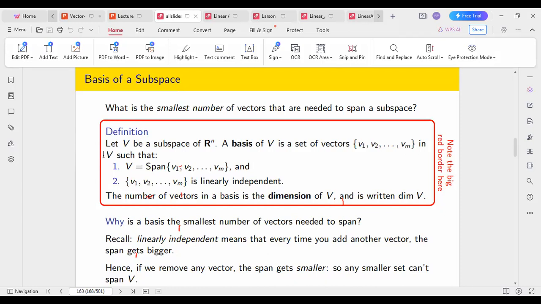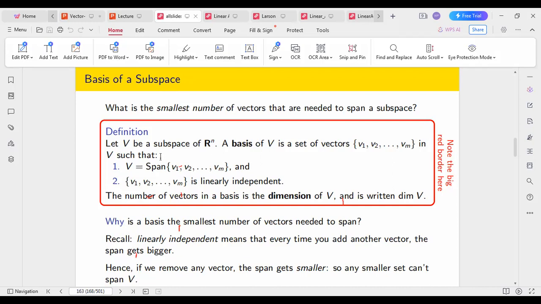Now definition: let B be a subspace of Rn. A basis of B is a set of vectors in B such that B is the span of them, that means every vector can be written as a linear combination, and b1, b2, ..., bm are linearly independent vectors. In our previous slide, we discussed linearly independent vectors.